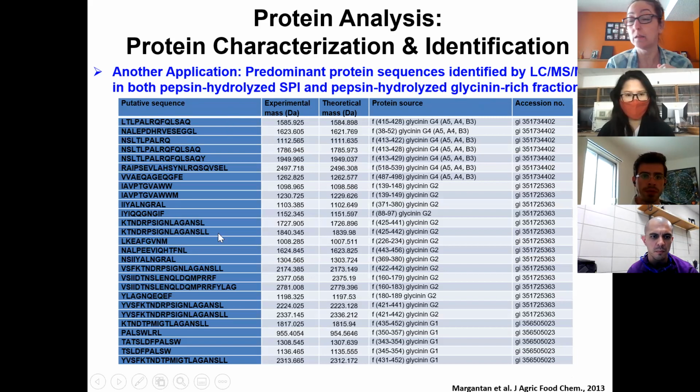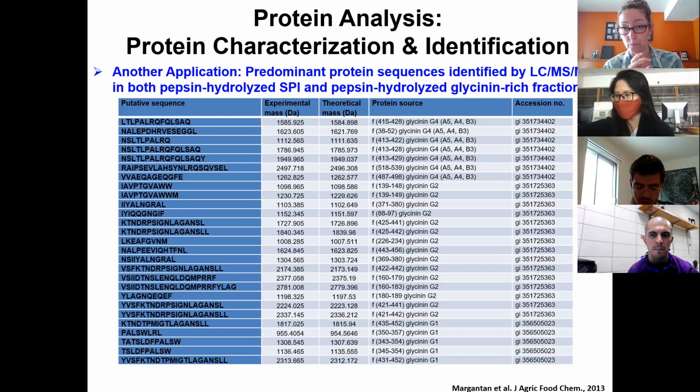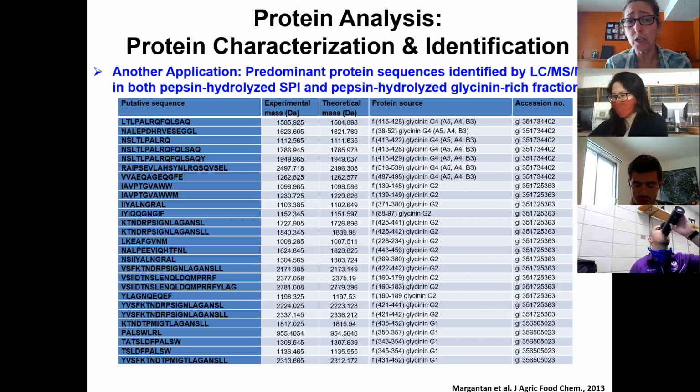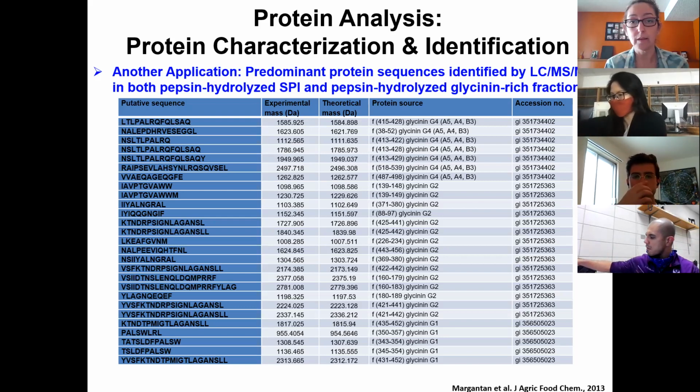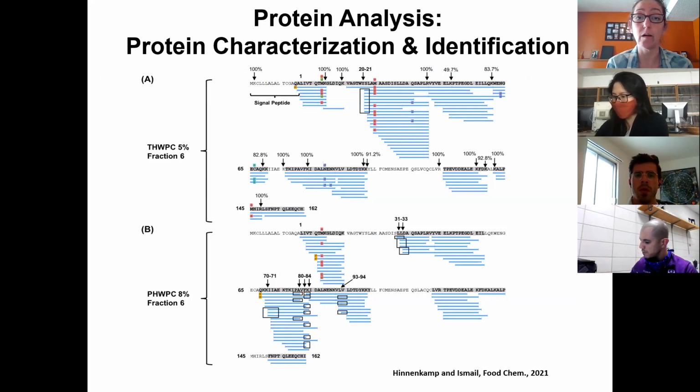And we found that you don't really need to fractionate to get the same sequence of peptides, especially if you use selective enzymes. Pepsin is selective for glycinin and papain was selective for beta-conglycinin. We were able to prove that the peptides generated are the same, whether it's a pure fraction or not. So LC-MS was a powerful tool for us in that regard.